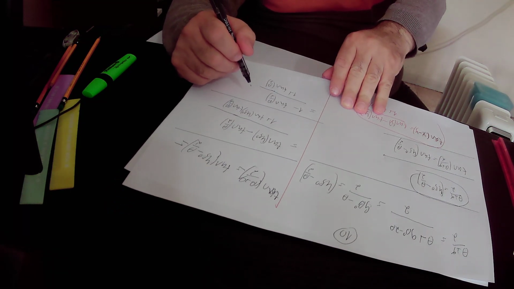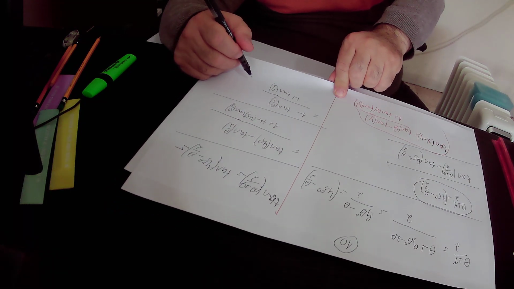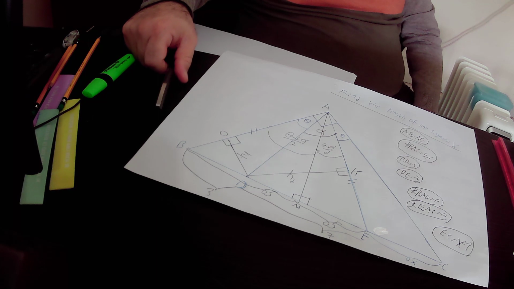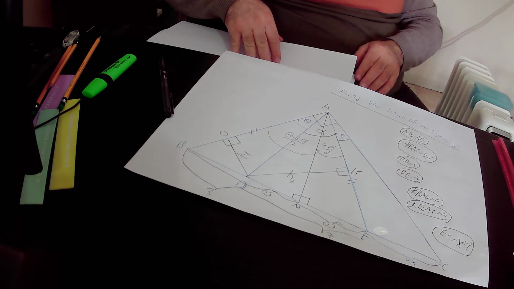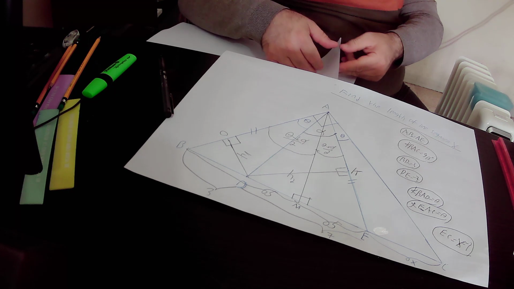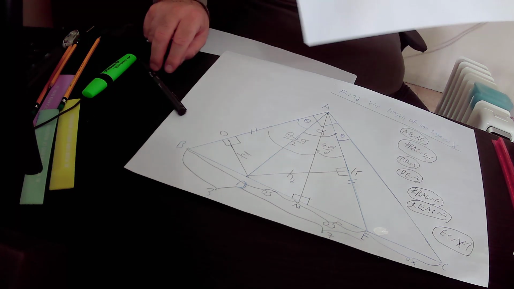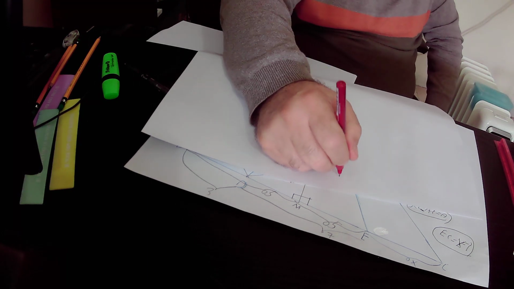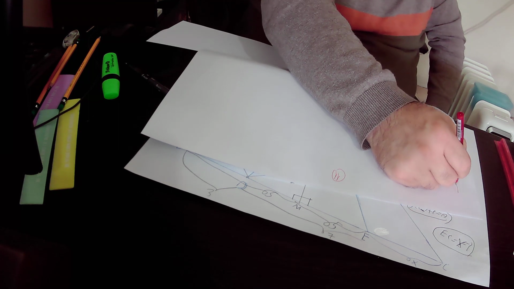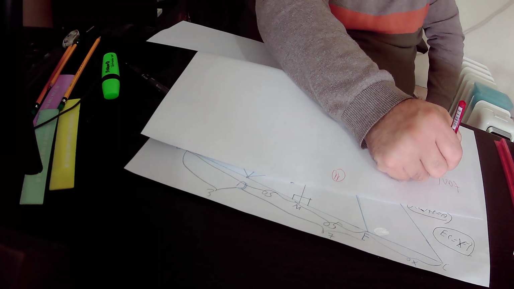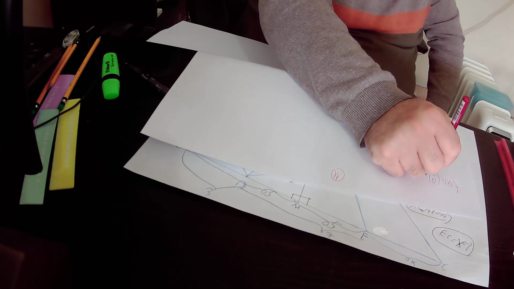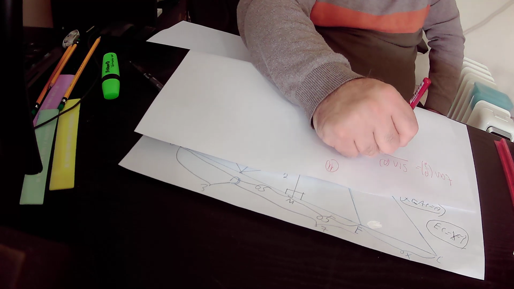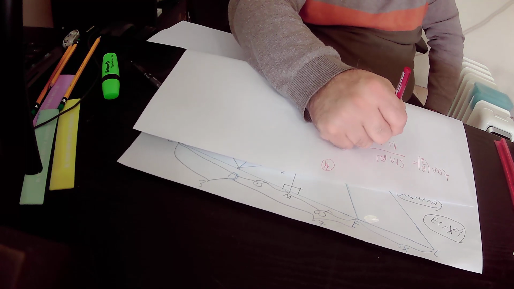So here we have the expression of tangent theta over 2, but we also have a trigonometric identity for tangent theta over 2. According to the following trigonometric identity, the value of tangent theta over 2 equals sine theta over 1 plus cosine theta.